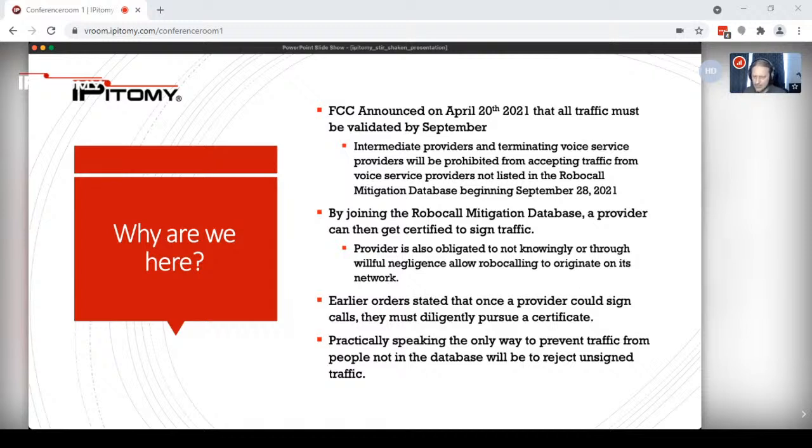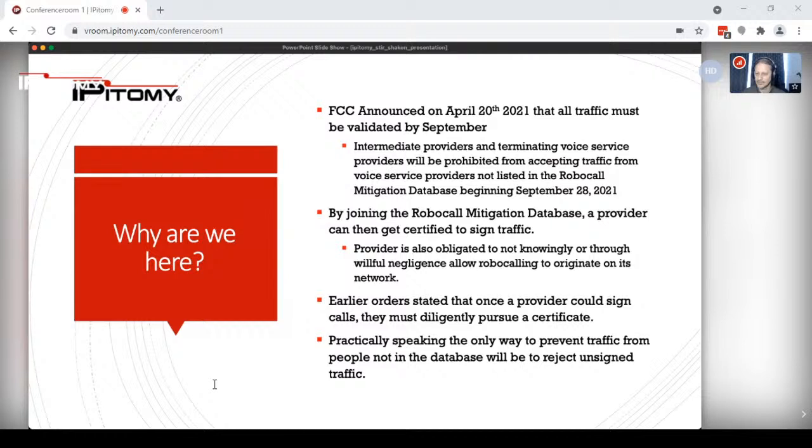And mitigation means that you are actively working to stop robocalls from originating from your network. They're putting the burden on the people who are originating the phone calls. So that would be us in this situation.